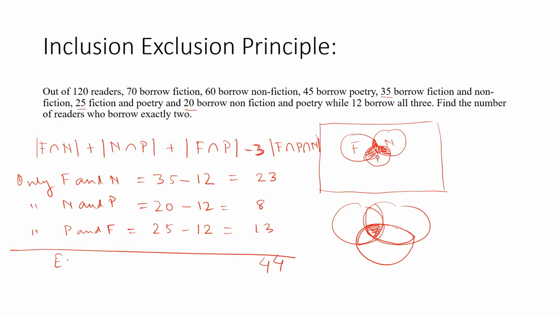So exactly two is 44. So the number of readers, sorry, it will not be students, it will be readers.